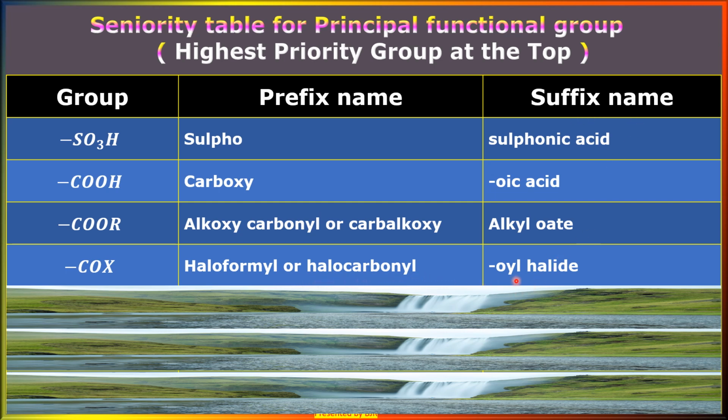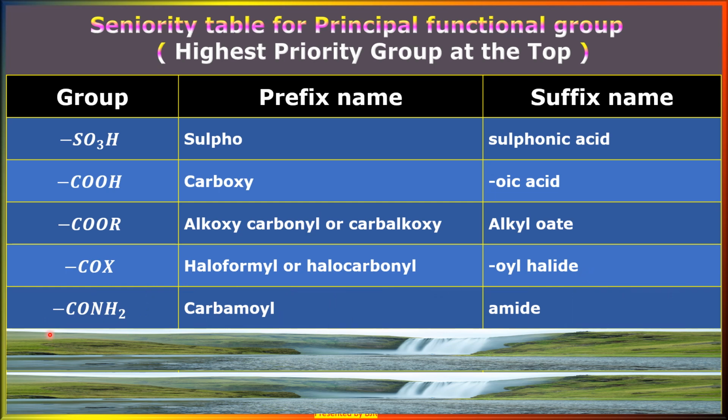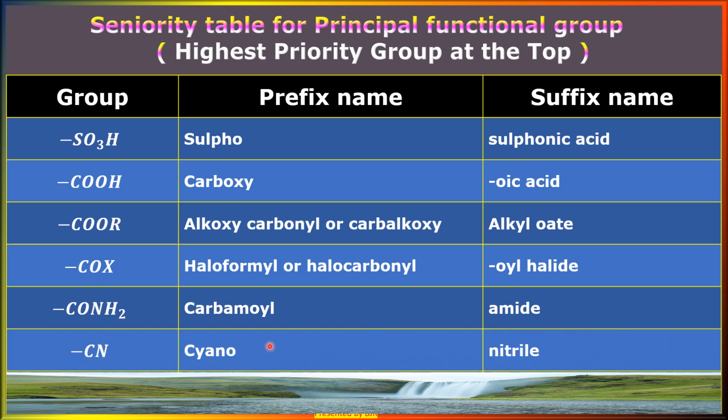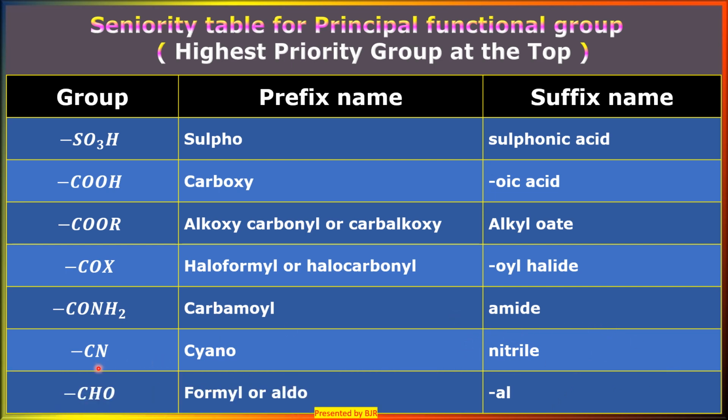Suffix name is oyl halide. CONH2, carbamoyl. Suffix name is amide. CN, cyano. Suffix name is nitrile. Similarly, CHO. When the CHO functional group is used as a substituent, then the prefix name is formyl or aldo. When it is used as the principal functional group, then the suffix name is al.